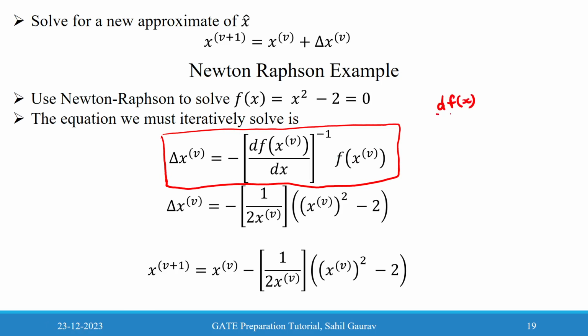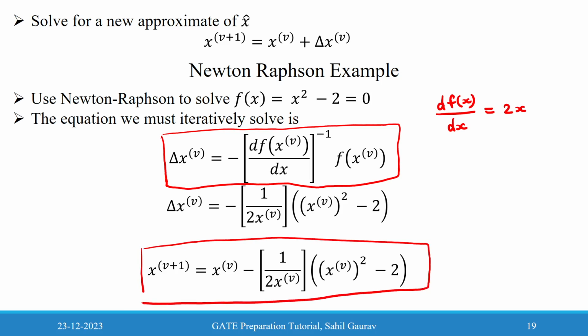So df(x)/dx is equal to 2x. So you put 2xv, and the function f(x) is xv square minus 2. Just put this in the updated value of x, so xv plus 1, you will get this one.